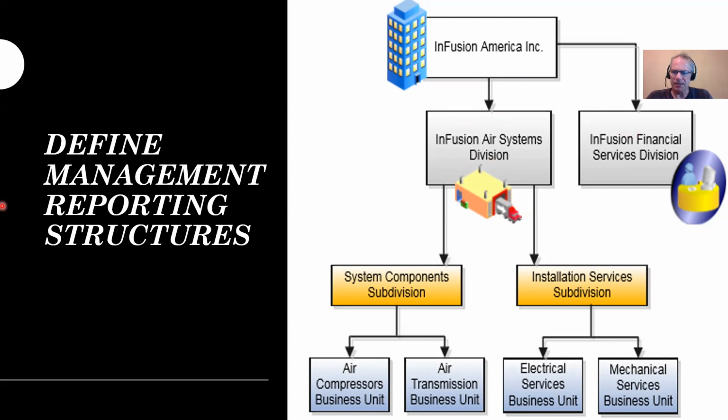So let me go to subdivision. The air system division has two subdivisions: the system components subdivision and the installation subdivision. This is divided for obvious reasons. This is the components, the nuts and bolts of the air systems, and this is the installation service, man hours.